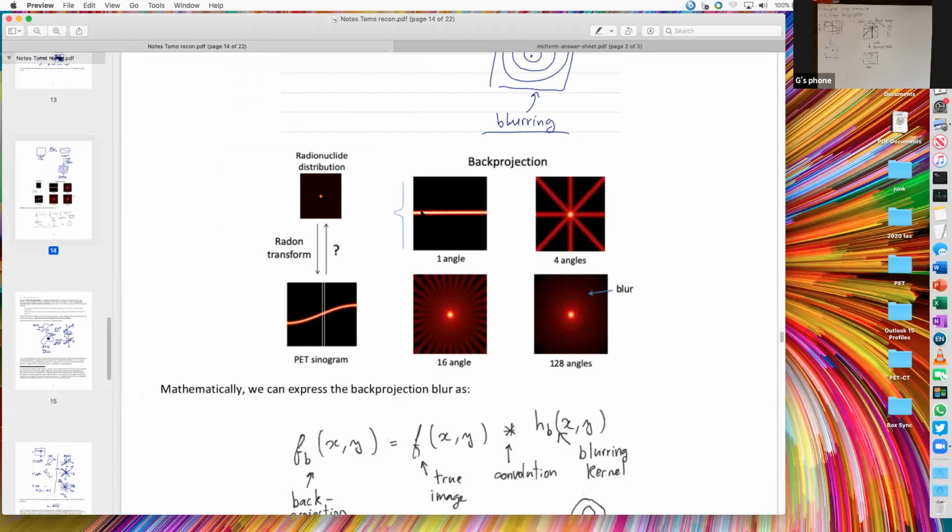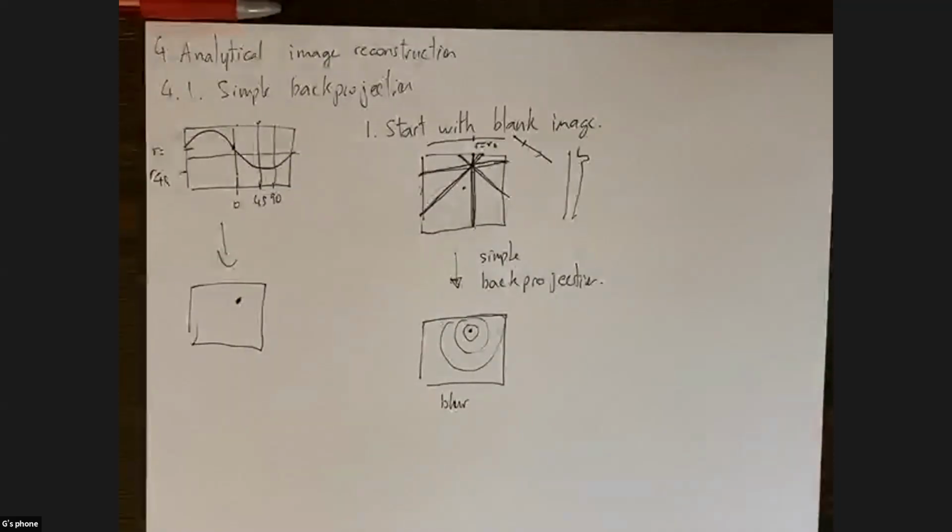And as we back project the lines one by one, the effect is a halo around the source. I say a blur, but it's basically a halo around the source, but it is essentially a blurring. It's a loss of high frequency information. So the low frequencies are being emphasized to the detriment of the high frequencies. High frequencies are being lost compared to low frequencies. Okay.